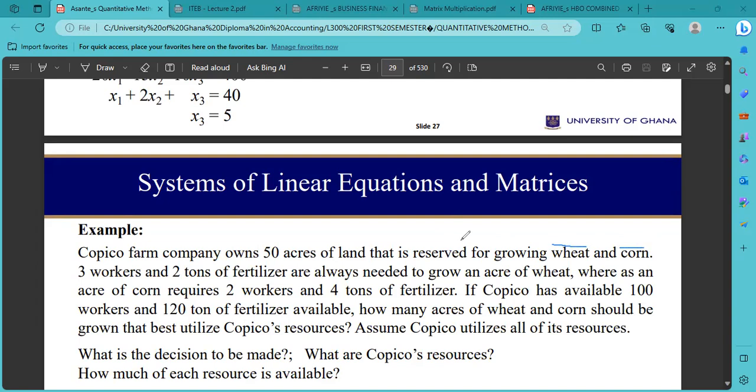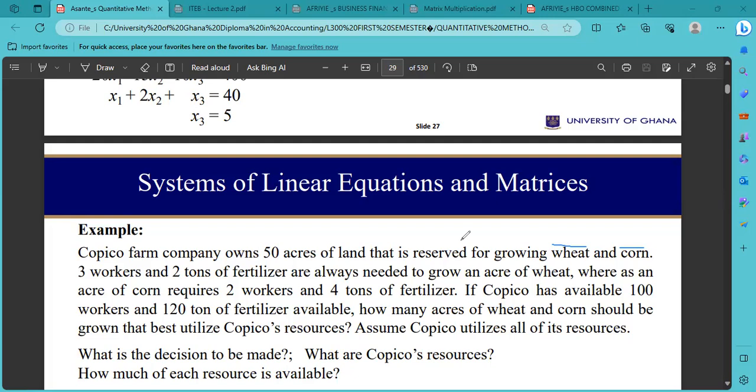And there are 3 workers and 2 tons of fertilizers always needed to grow an acre of wheat, whereas an acre of corn requires 2 workers and 4 tons of fertilizers.